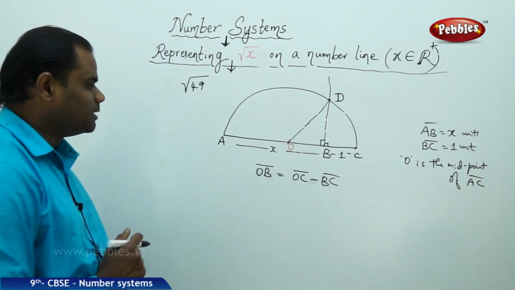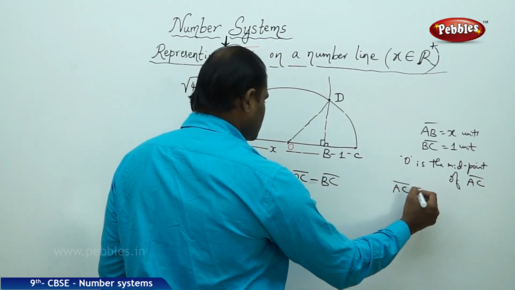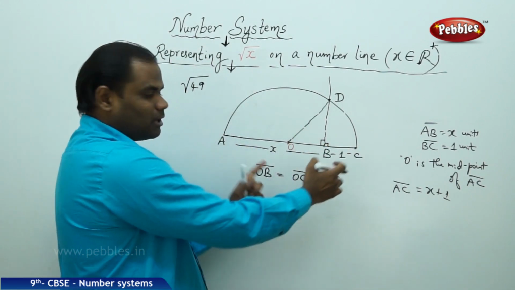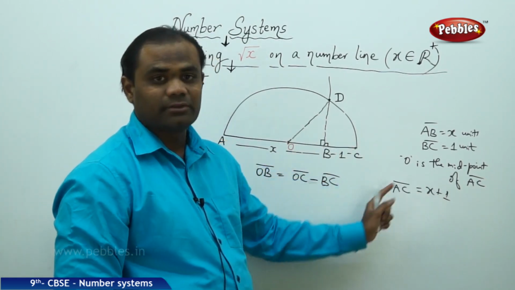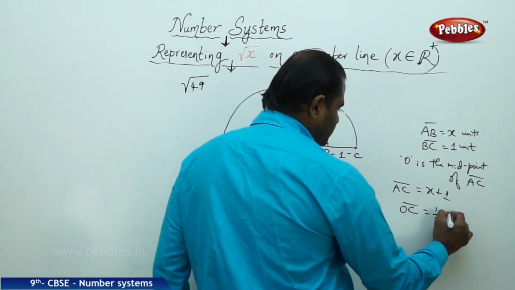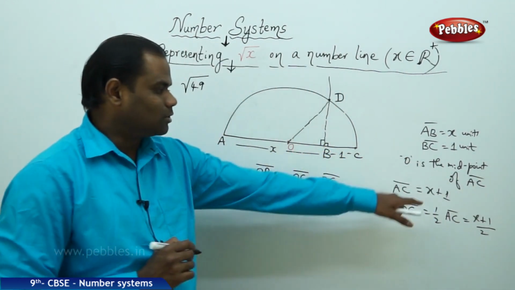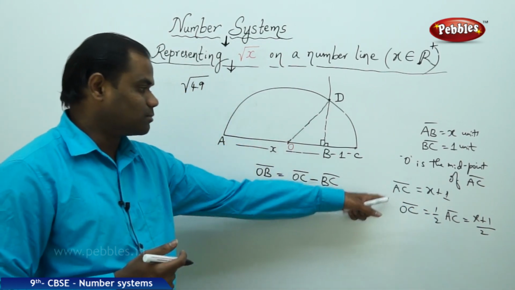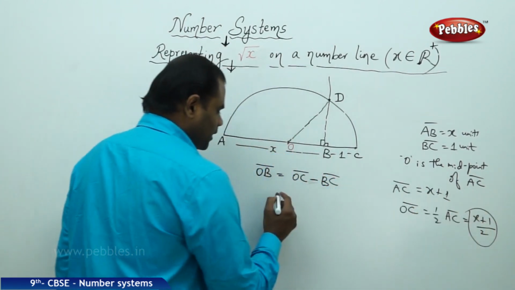Because my diameter AC accounts to x and 1 unit, my whole distance AC is x plus 1. So x plus 1 being the diameter, the radius OC is exactly half of AC. Therefore my OC is x plus 1 by 2.